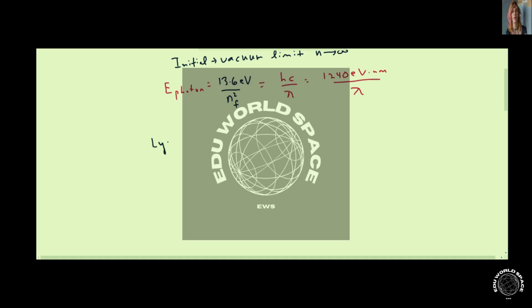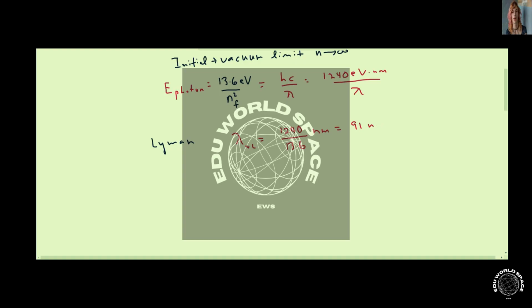So for the Lyman series, the shortest lambda, we'll call that vacuum lambda for Lyman. Vacuum Lyman is simply 1240 over 13.6 nanometers, and that is 91 nanometers.